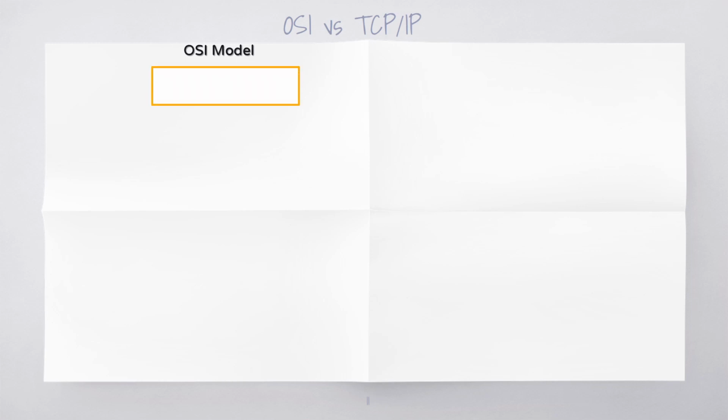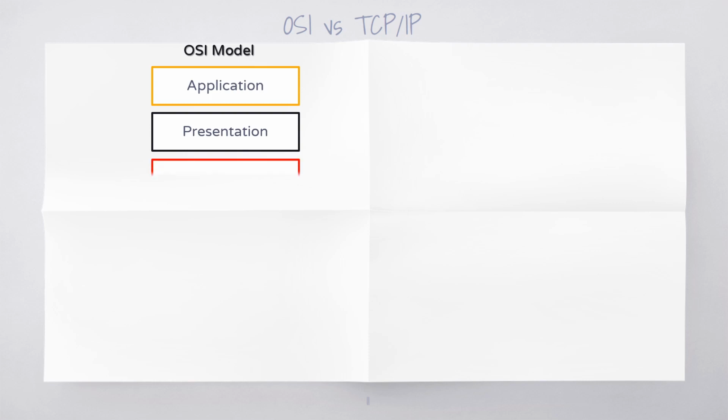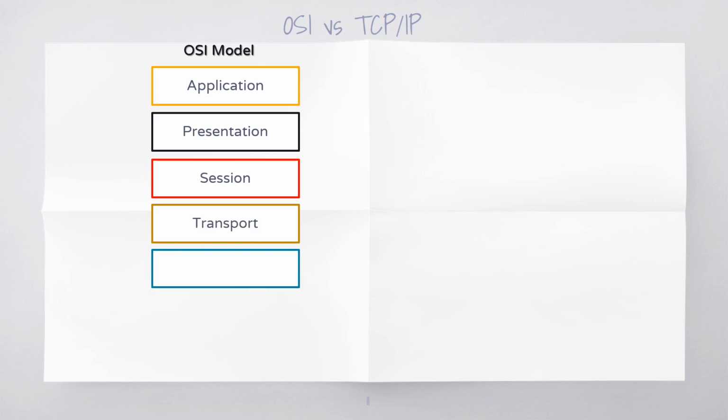The overall tasks have been split with respect to their functionalities into the 7 layers. The first layer is the same as that of the TCP/IP model, that is application. Sorry, the seventh layer is application, the sixth layer is the presentation layer, and the fifth layer is the session layer. Then we have the transport layer. Then we have the internet or network layer.